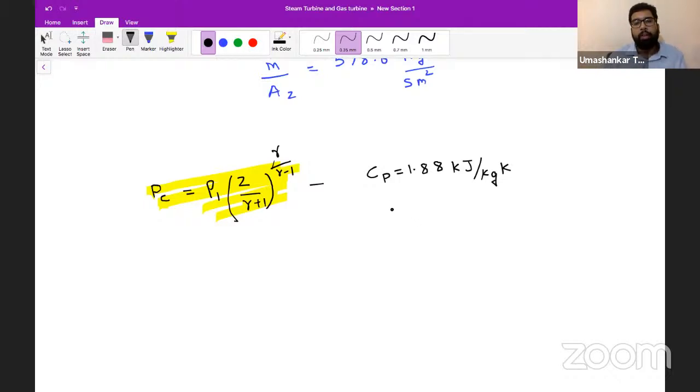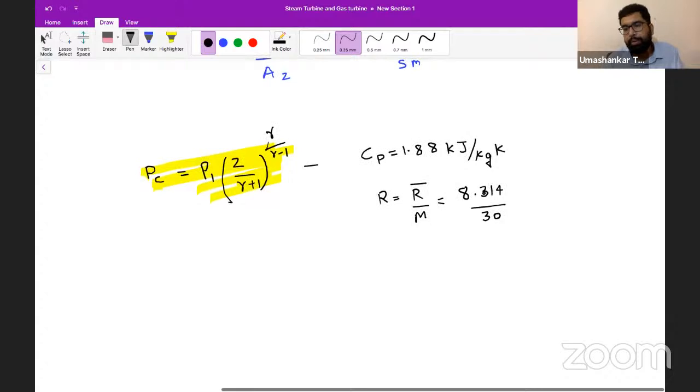So we have R equal to Cp minus Cv, and we know R is equal to R bar by M. So R is equal to 8.314 divided by M, and M is given to be 30.